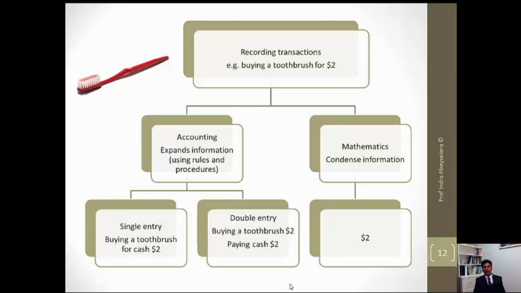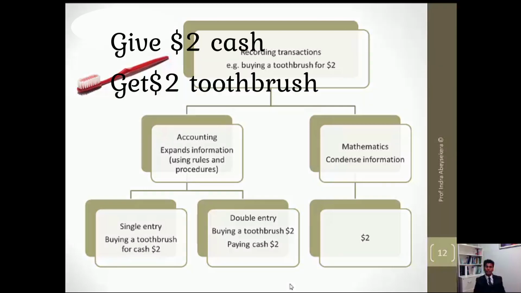If you compare mathematics with accounting, mathematics will record that $2 as condensed information. But the toothbrush might not appear separately. In accounting, we can record it as $2 and say it is a toothbrush, and that is what we call a single entry of recording.